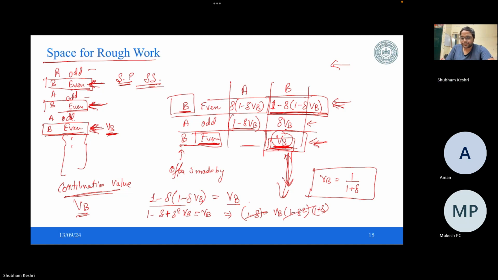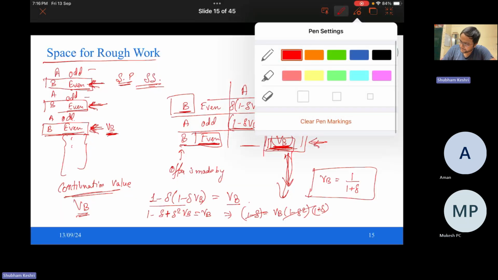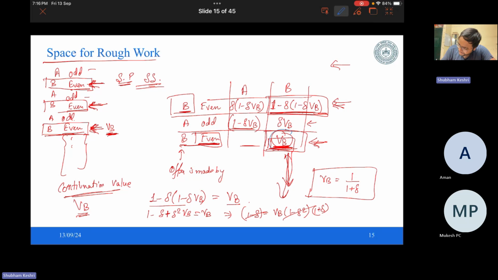Delta is anyway a discounting factor, like in finance the discounting factor 1 upon R. So over here, we have replaced VB with 1 by 1 plus delta. At this stage, the utility of player B will be delta times 1 by 1 plus delta.